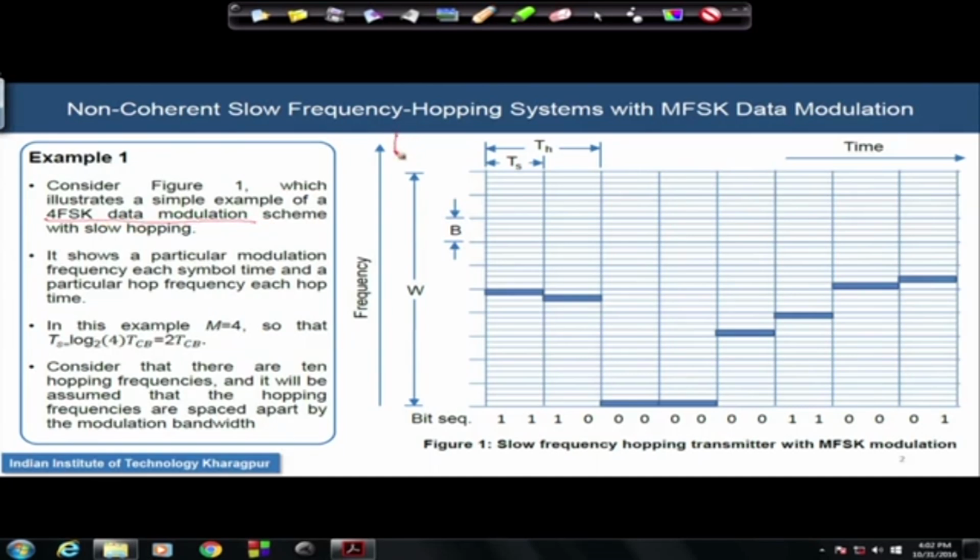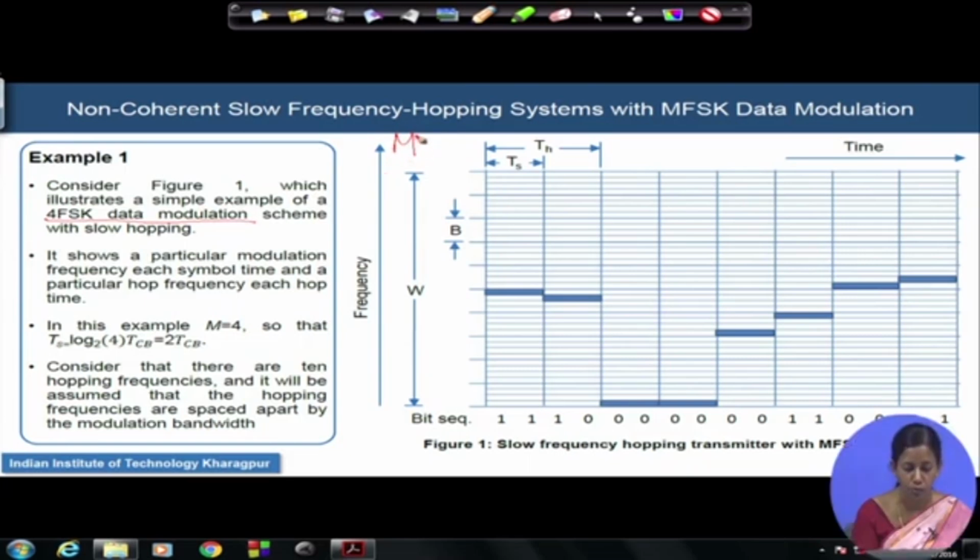It means that we have M-ary tones, and data can be transmitted by selecting any one of the M tones and then transmitting over the air. The 4-FSK data modulation scheme allows you to choose 4 different carrier frequencies from a set, where capital M is equal to 4.